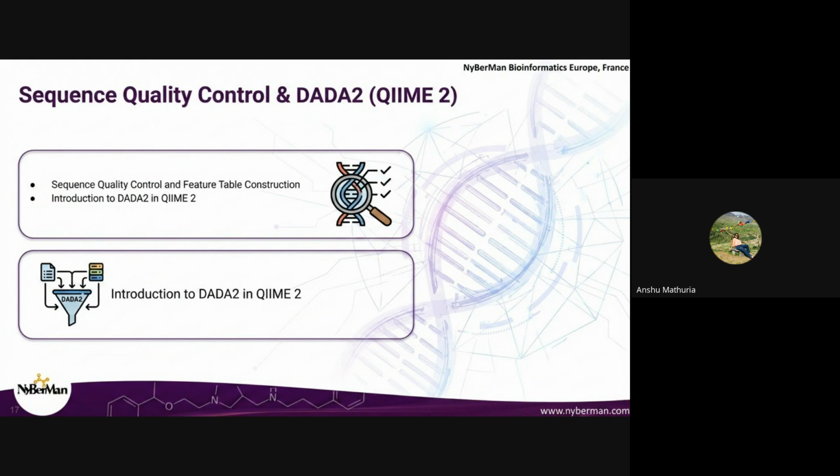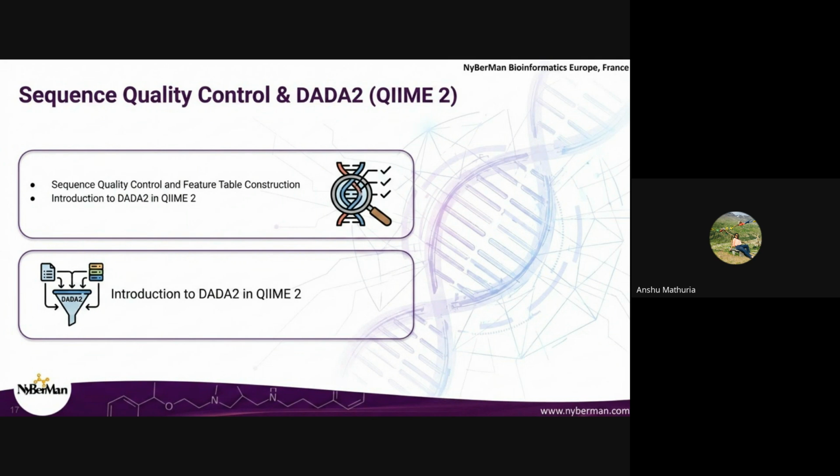For demultiplexing, we got those interactive bar plots, but for denoising it's just going to be one table telling us which reads we retained, how many were removed, and the total percentage of reads retained after all the analysis. After sequence quality control, the later part is feature table construction, where the features and how many reads support each feature are captured and represented as a table.